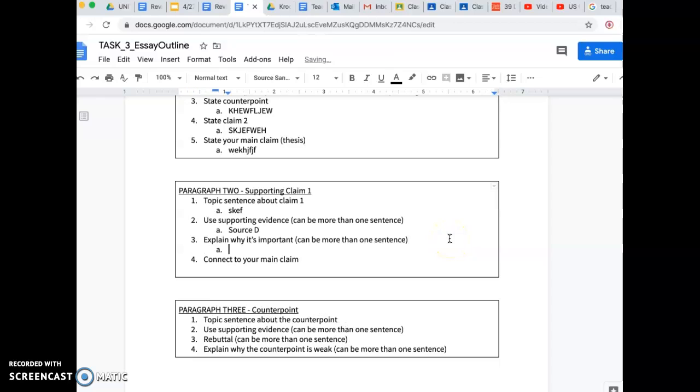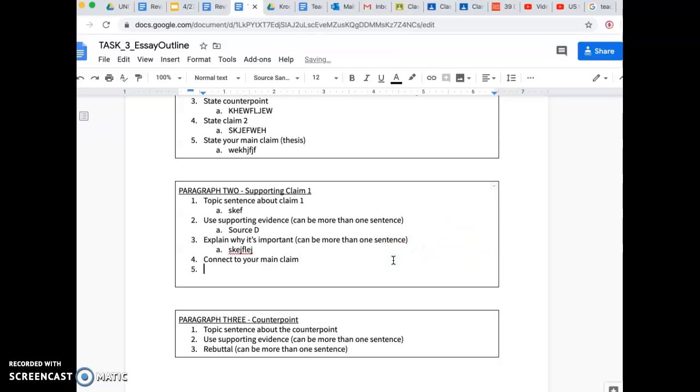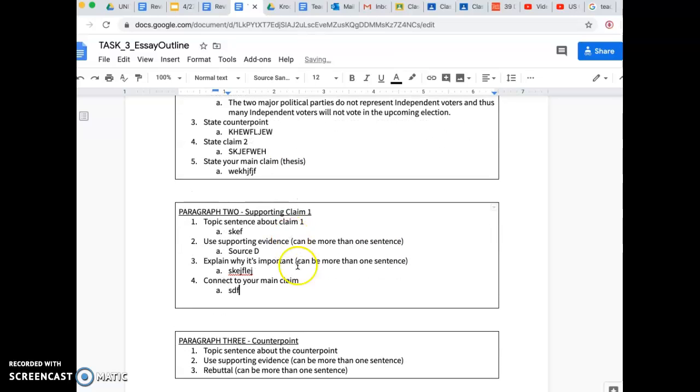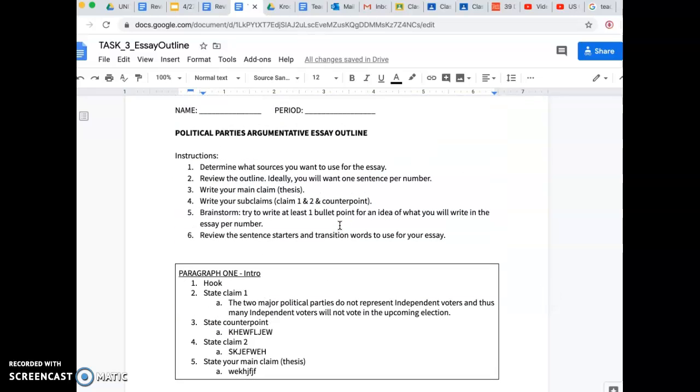Or, okay, why is it important? And then explain why. Finally, you're going to want to connect whatever it is you're saying back to your thesis. How does it relate? So this is the model, of course, with actual content that you'll be turning in.